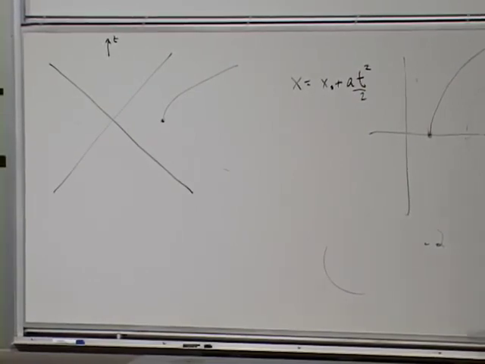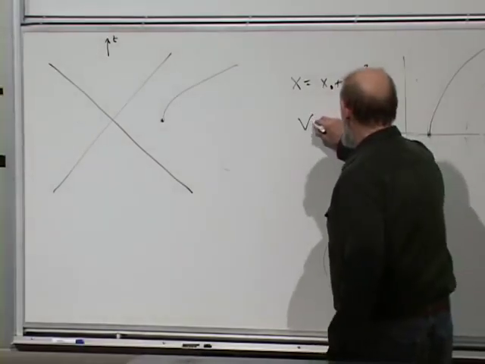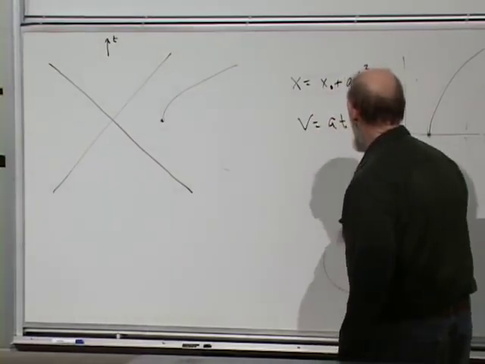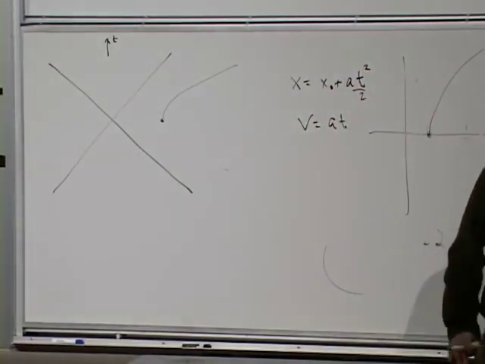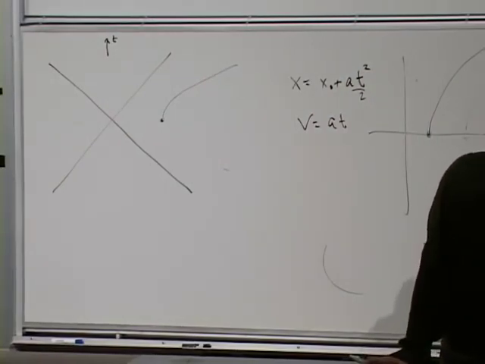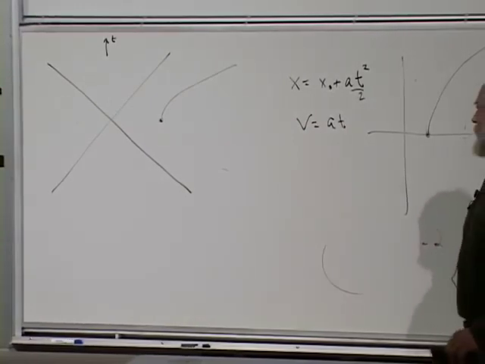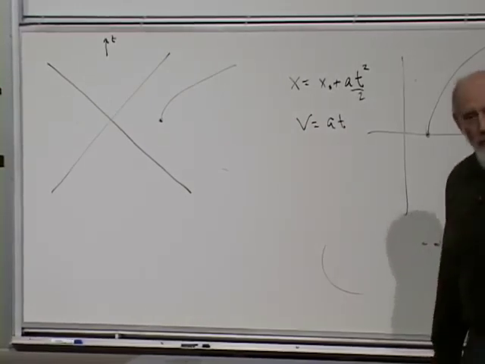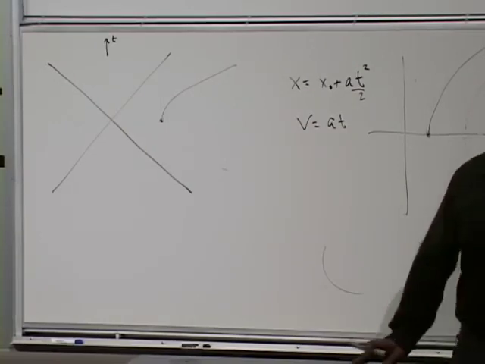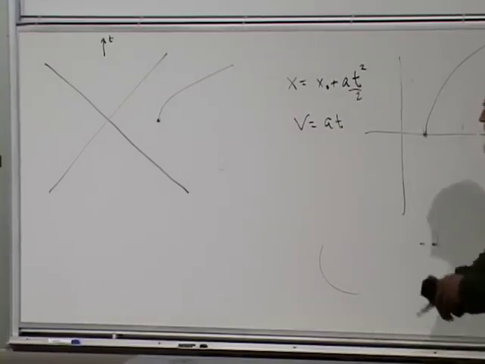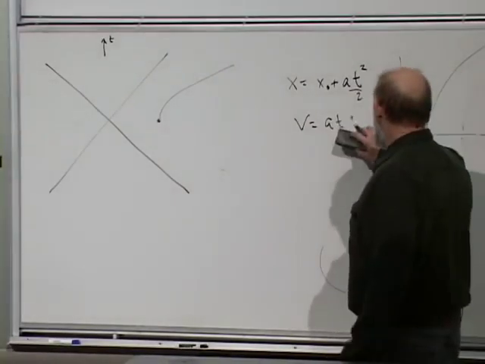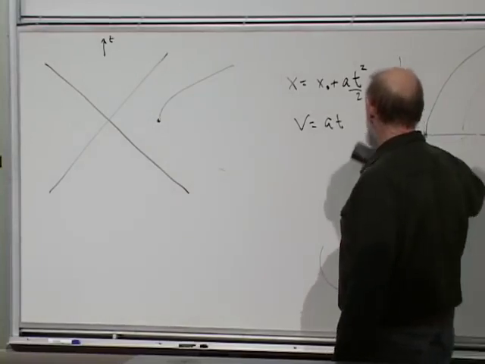Remember, with a uniform acceleration, velocity is equal to acceleration times time. So if you wait long enough, you'll be moving faster than the speed of light. That can't be what a real accelerated reference frame is. Anybody moving faster than the speed of light feels something very, very different than what we feel, and I don't know what it is. Okay, so that can't be the right idea.